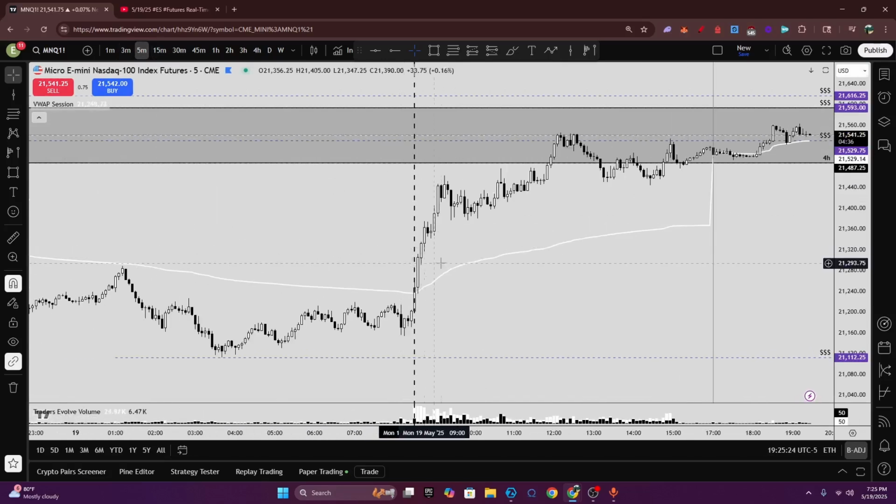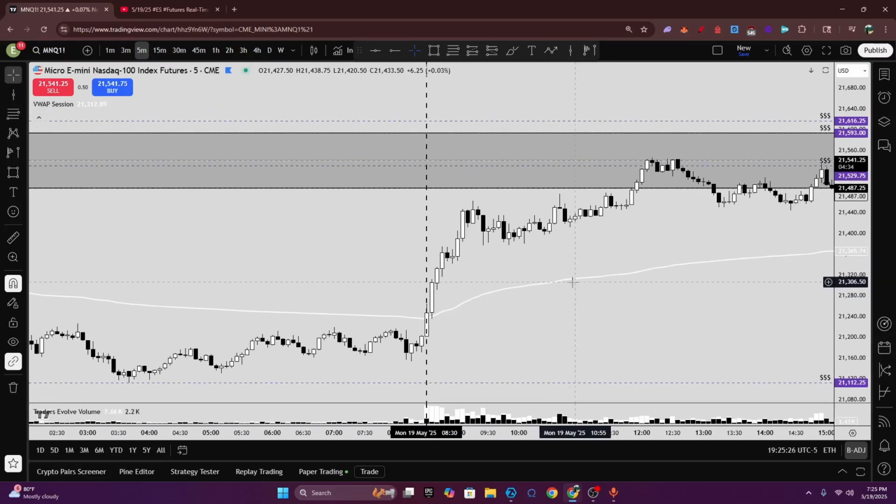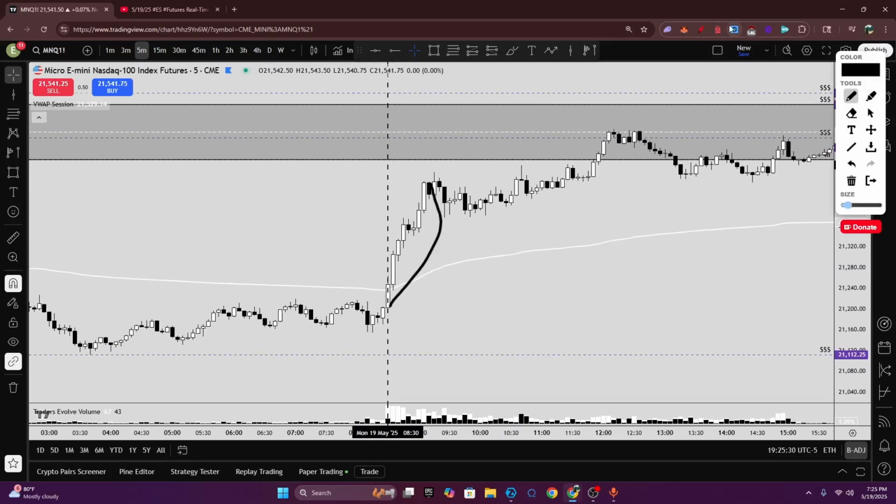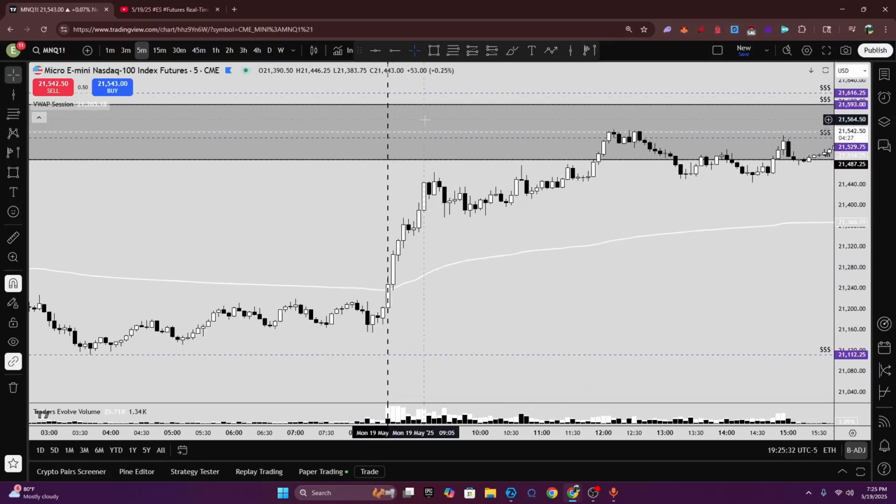I'm honestly not seeing too much within the day itself. Straight move up from 8:30 to 9, potentially a pivot point here that we could have captured, but we do need to be aware and look out for that as well. So I am going to mark that out here with my drawing tool.